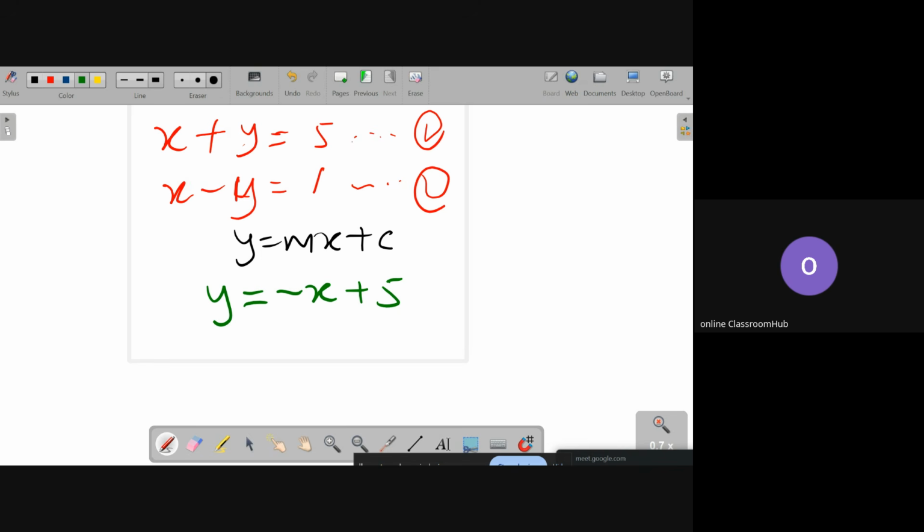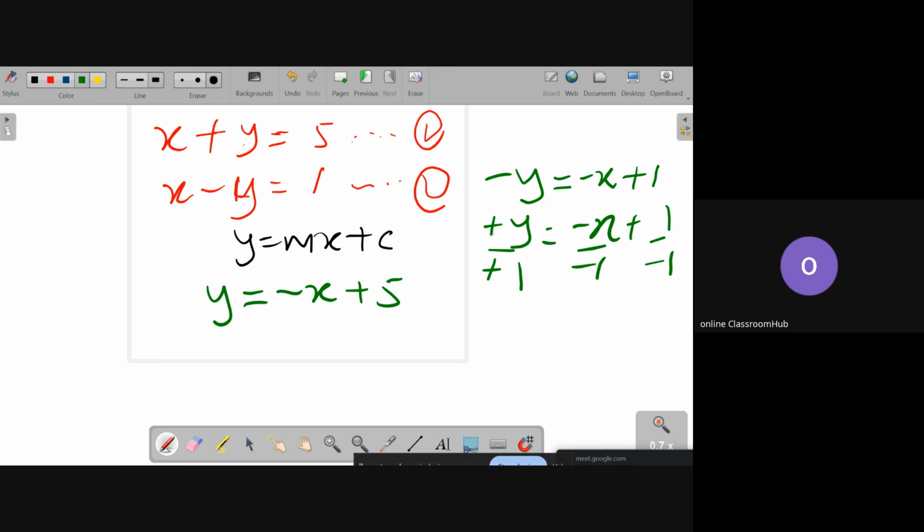For equation 2, if you want to make y the subject, somebody will do it this way. Negative y will stand alone here. Then x will go to become negative x, then plus 1. You want the y to be positive. So what do you do? You divide all through by negative 1. So it is y over negative 1 is equal to negative x over negative 1. Then 1 over negative 1.